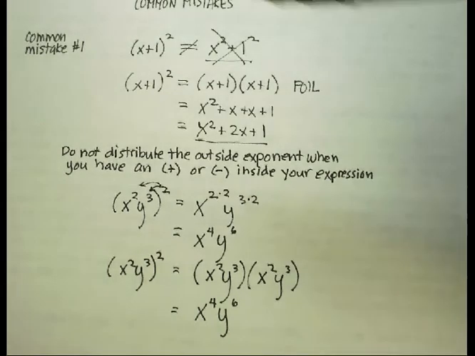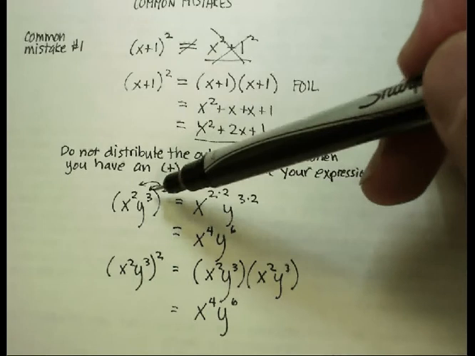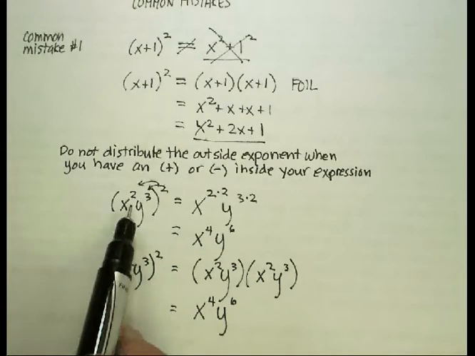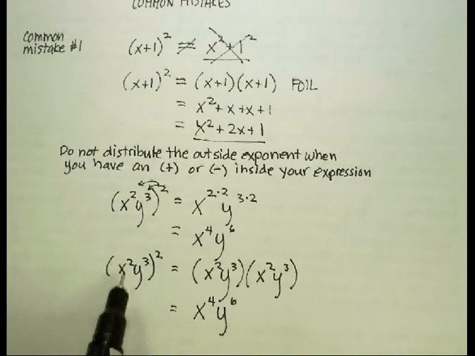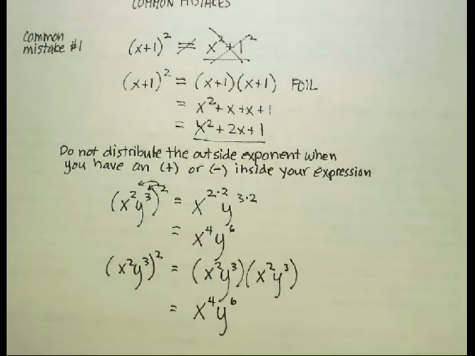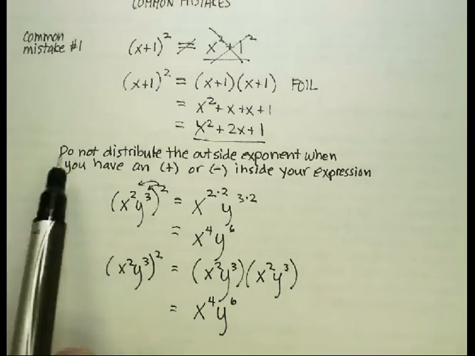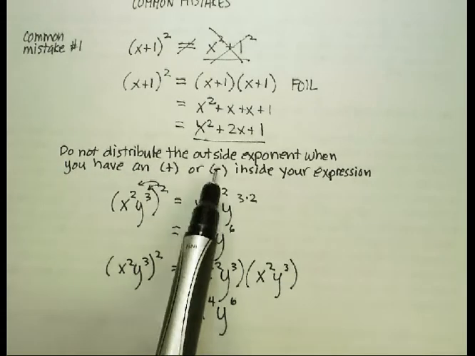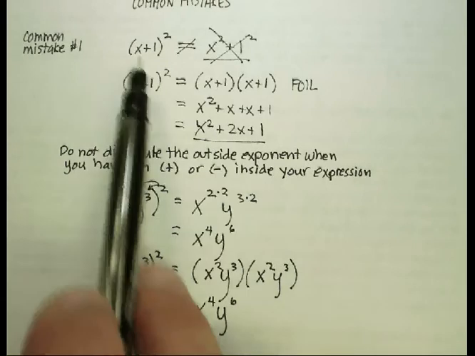So again, the question is, why can't I distribute here and not up here? Well, because the operation that I have between my terms inside here is a multiplication or a division, not an addition or subtraction. So the rule is this: do not distribute the outside exponent when you have an addition or subtraction inside your expression.